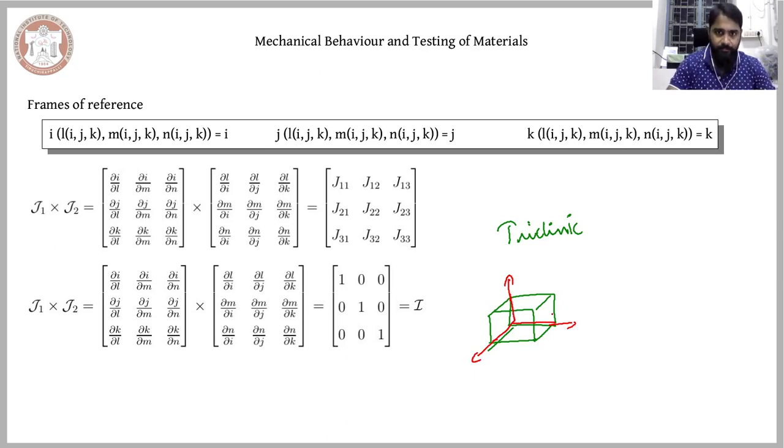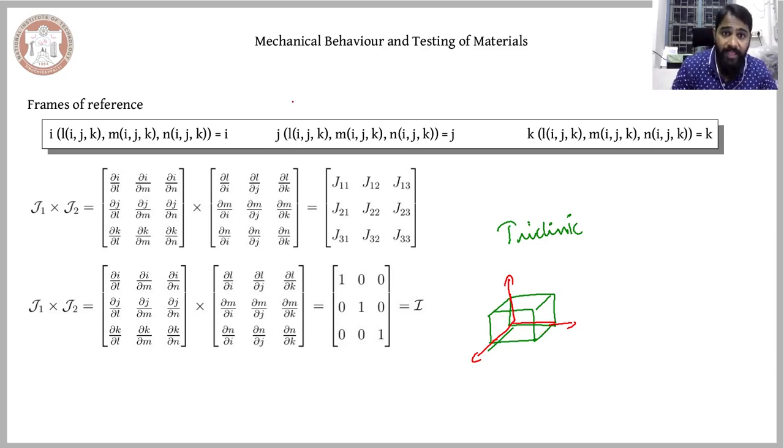If you have a single crystal of a material whose atoms assume a cubic crystal system, then when you take the unit cell, the frame of reference that we choose generally overlaps with the crystallographic axes. So in the green, what you see here is the unit cell, and the red is the frame of reference that we choose. The frame of reference overlaps with the crystallographic axes of the unit cell.